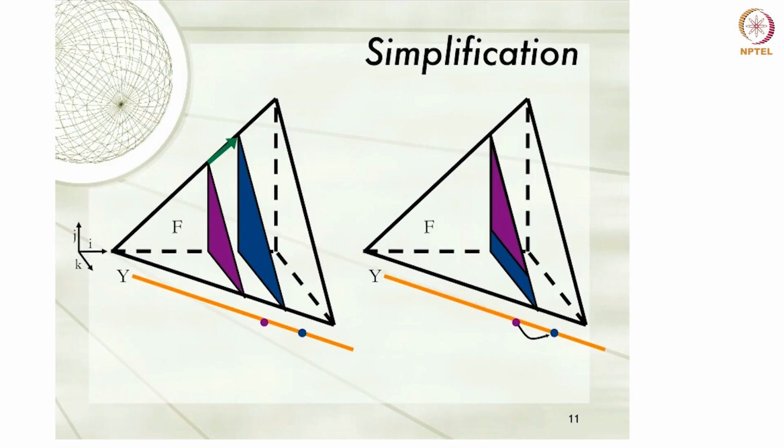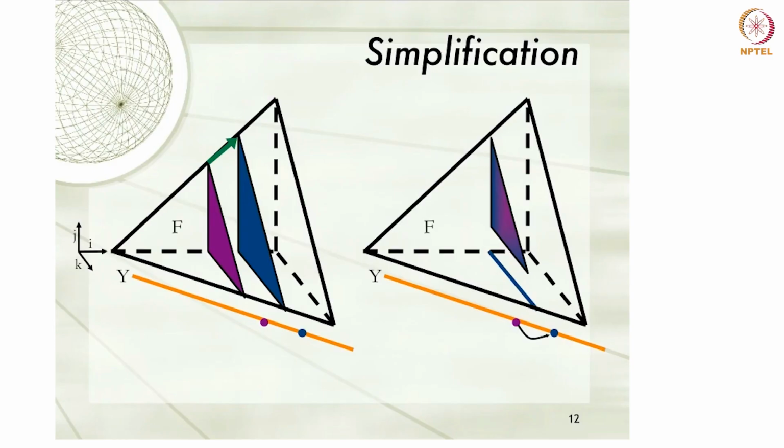So I don't need to accumulate everything in the blue triangle. I only need to take the previous purple result and accumulate all the points on that blue line at the bottom. That's all I need to do.